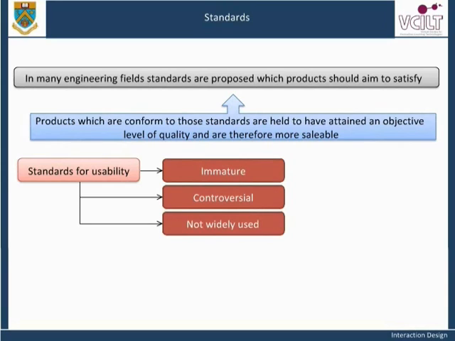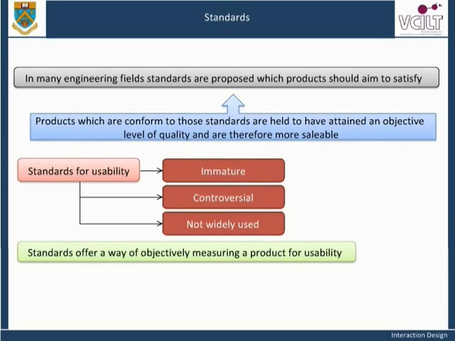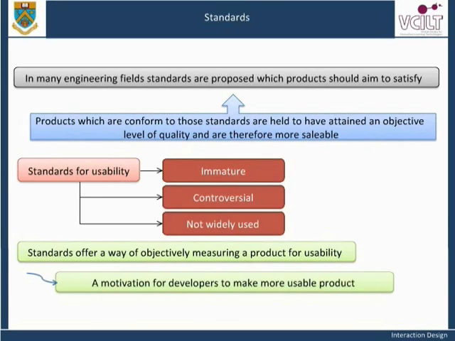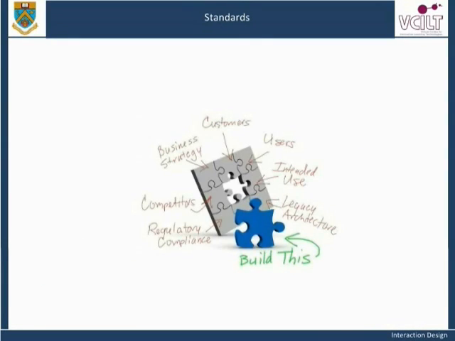Many developers claim that their products are user-friendly, but do not often explain what that claim means. Standards offer a way of objectively measuring a product for usability, and therefore a motivation for developers to make more usable products. These 4 viewpoints on usability are not exclusive.